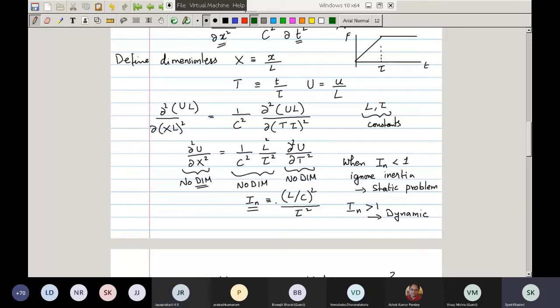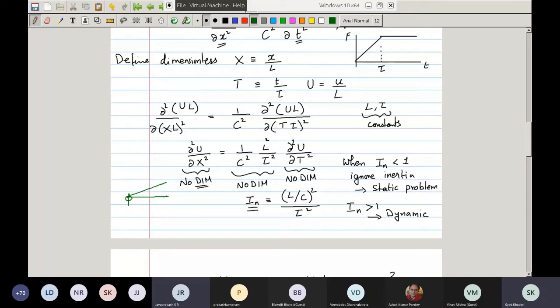So here I am saying L by C is a characteristic time. One more thing when you talk about vibrations: what is the first mode of vibration in a typical bar problem? You have a node here and the other end will vibrate up and down in a sinusoidal fashion.